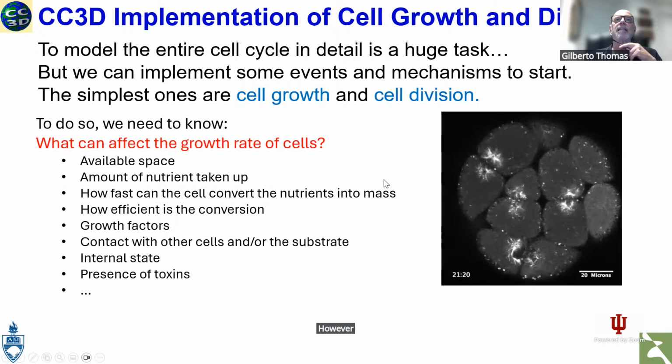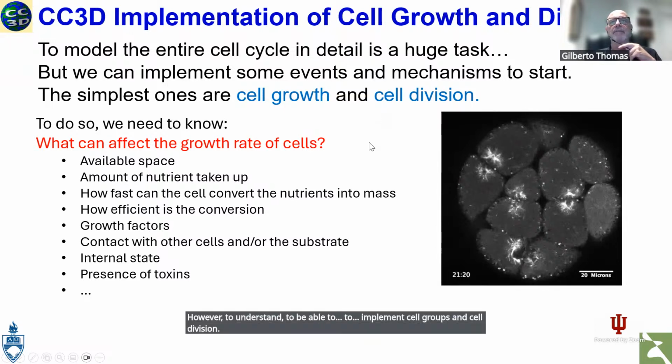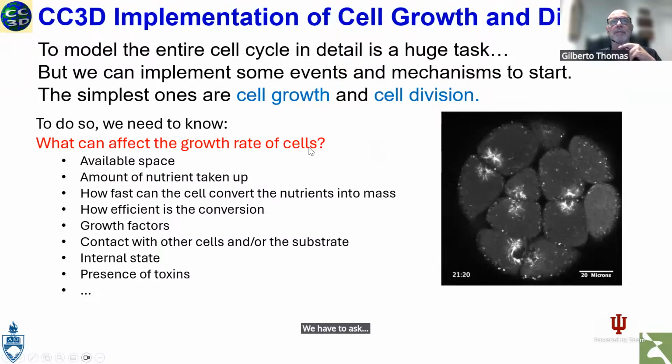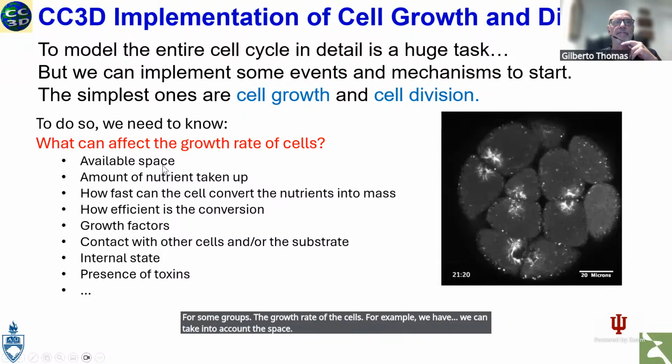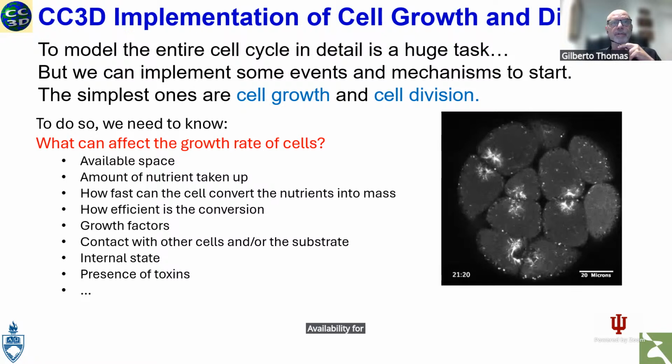However, to be able to implement cell growth and cell division, we have to ask what could affect, for example, the growth rate of the cells. For example, we can take into account the space availability for the cells to grow, since contact could inhibit the growth.